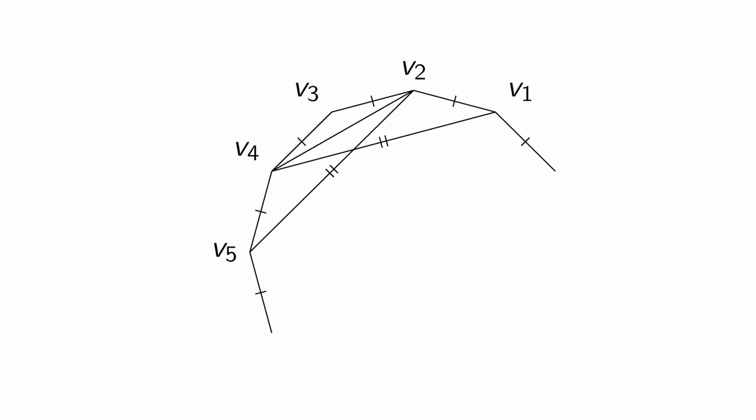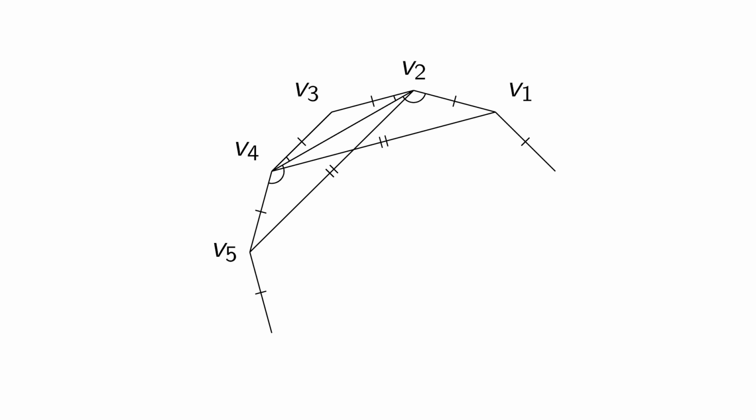I'm going to draw in the edge v2 v4 to make things easier. Now I want to persuade you that the triangles v1 v2 v4 and v5 v4 v2 are congruent. They have one shared side, which is v2 v4, two equal sides that are edges, and two equal sides that are diagonals. That means that the corresponding angles of these triangles at v2 and v4 are equal.